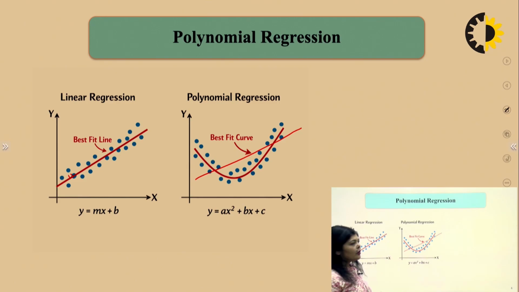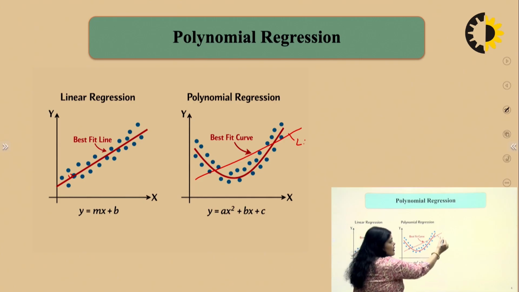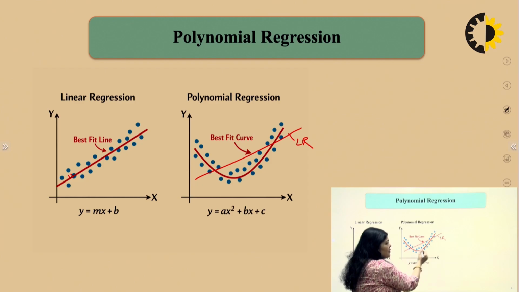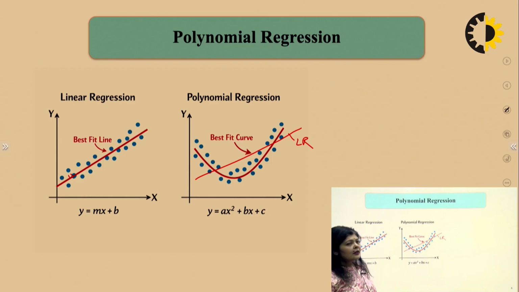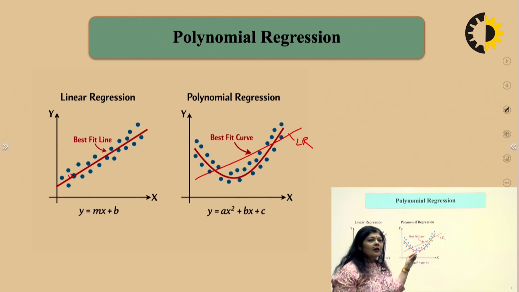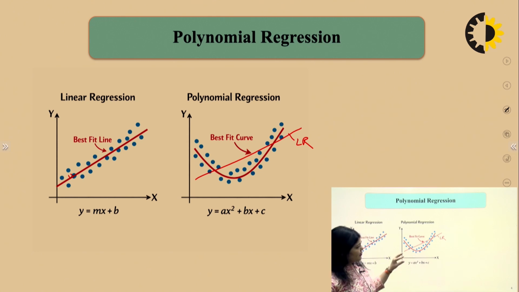linear regression model? So this LR model, as you can see, as compared to this quadratic curve, the LR curve is not even passing through the maximum number of points. Rather, it is only passing or representing a few number of points from the data set.